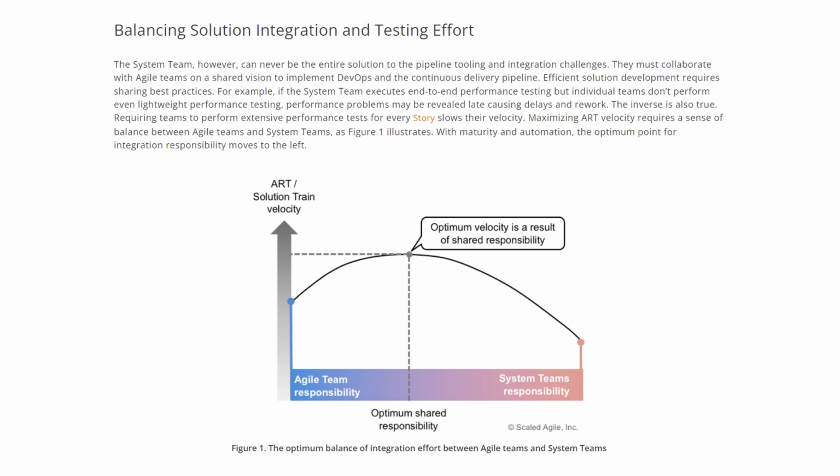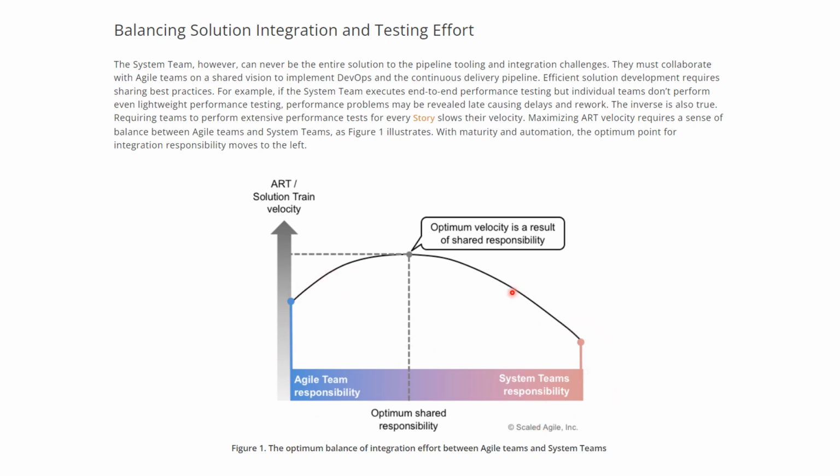As you see in the picture, this picture illustrates that with maturity and automation, the optimum point of integration responsibility moves to the left, right? See, the agile team is doing their own development and coding. The system team is there trying to automate.